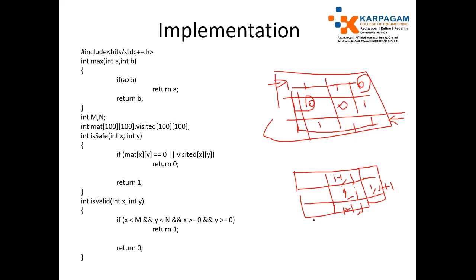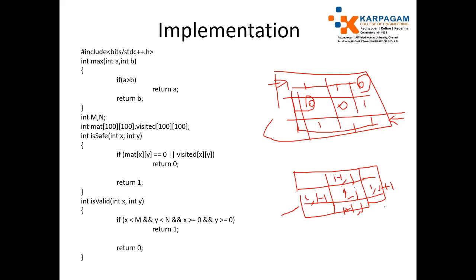If you wish to move to the previous column, just mention i comma j minus 1. And you need to check border conditions. j should not reach minus 1, i should not reach minus 1, and it should also not go out of the boundary.